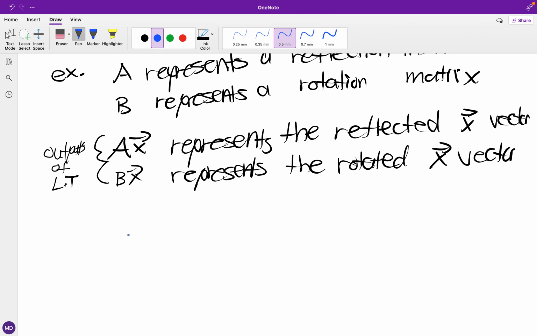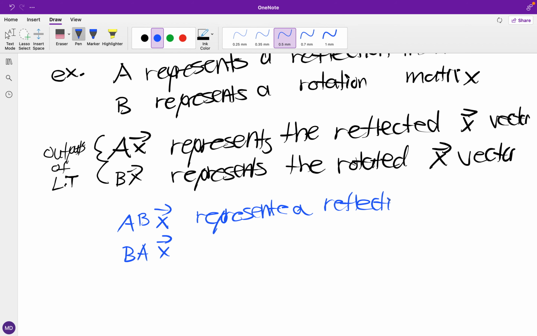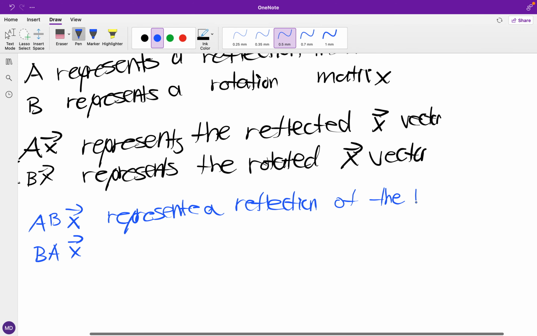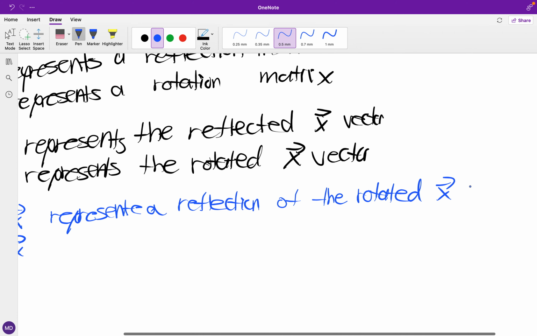Now, if we have A being a reflection and B being a rotation, then suppose we were to compute ABx or BAx. The first one, ABx, would represent a reflection of the rotated x vector.